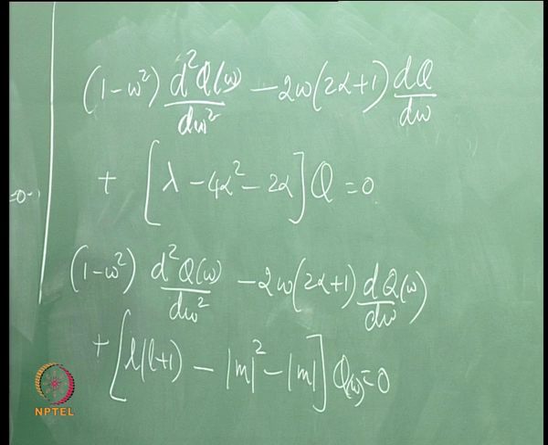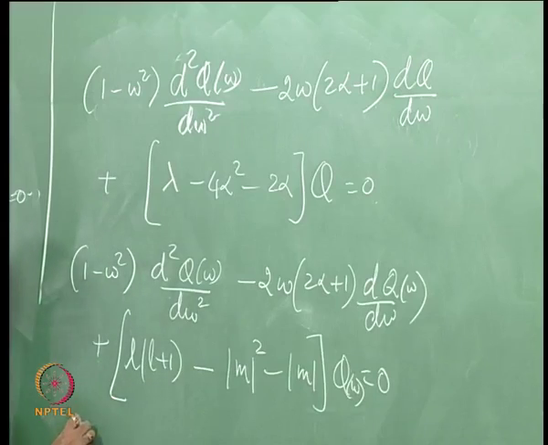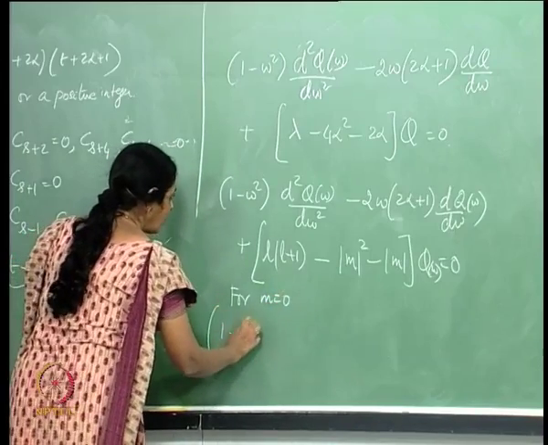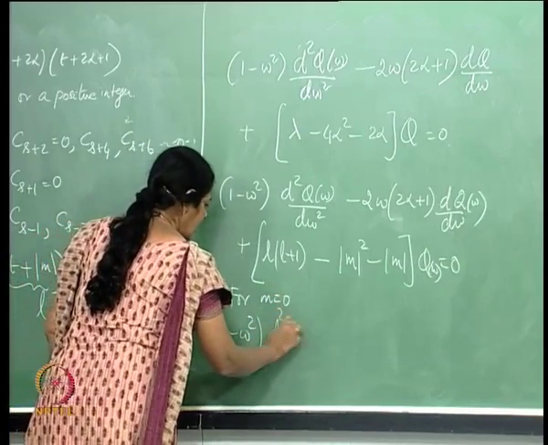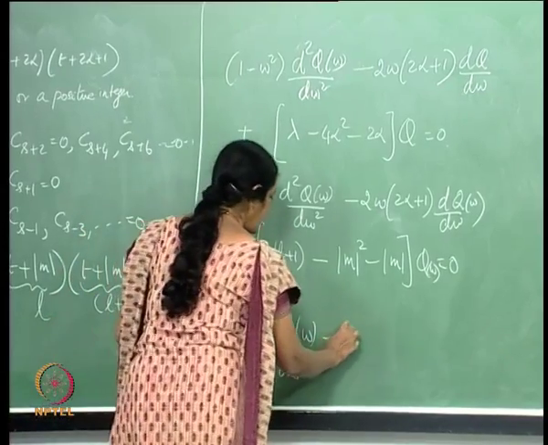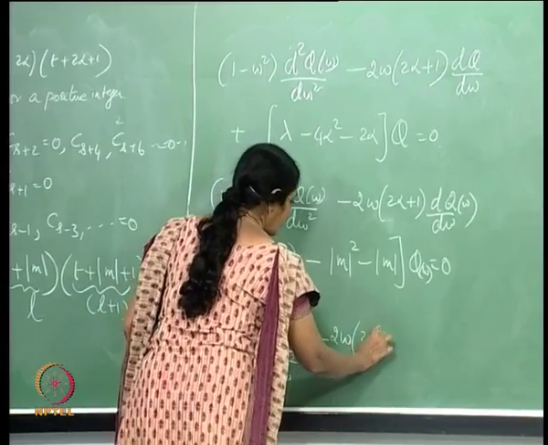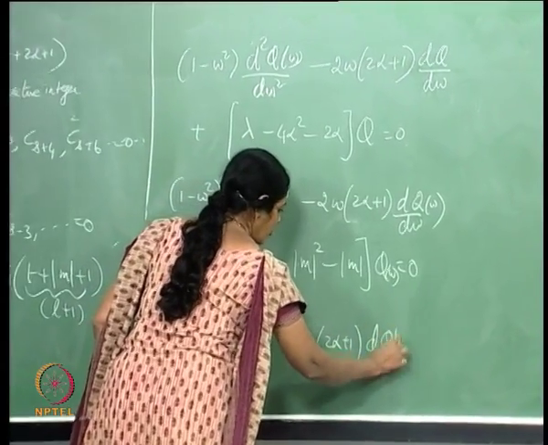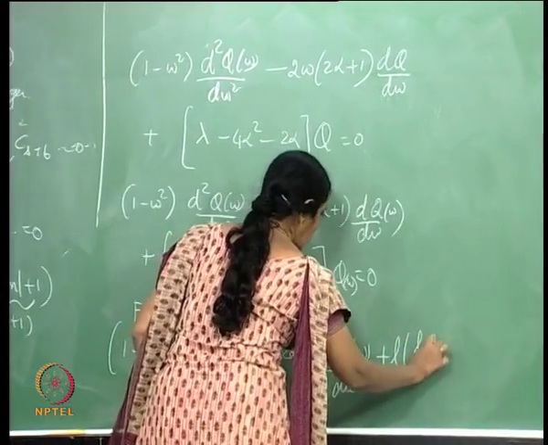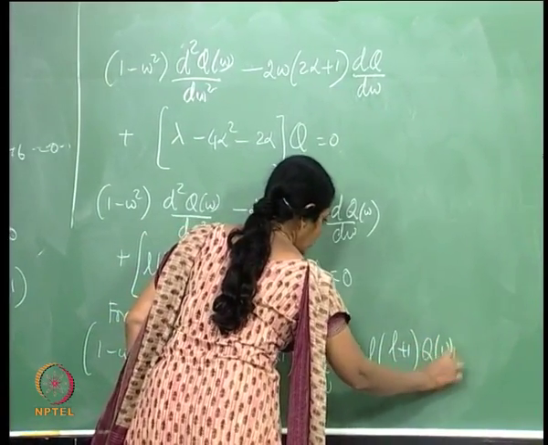Everything has to be written in terms of mod m. Further, for m equals 0 we have 1 minus w squared d2q of w by dw squared minus 2w times 2 alpha plus 1 dq of w by dw plus L times L plus 1 q of w equals 0.